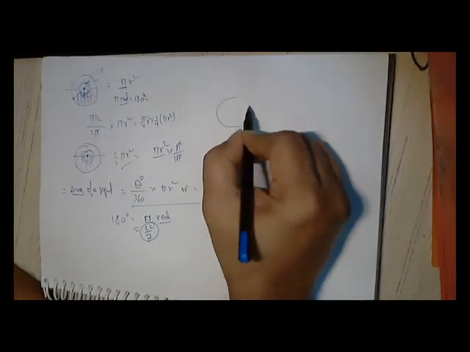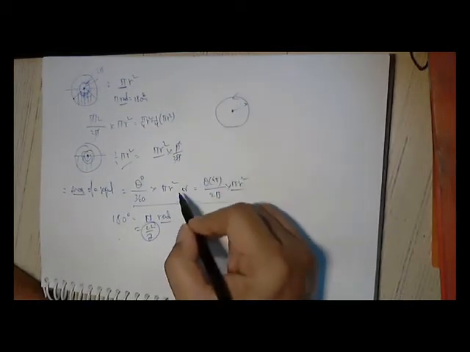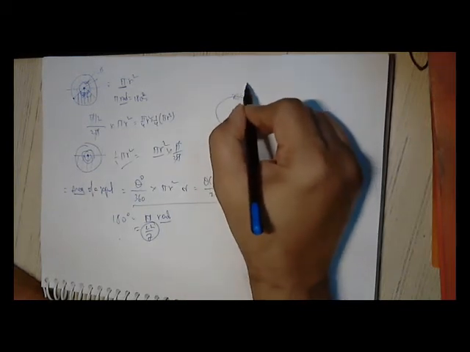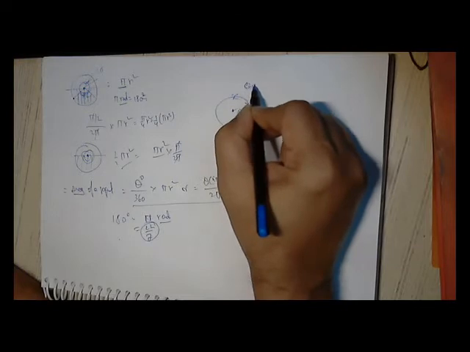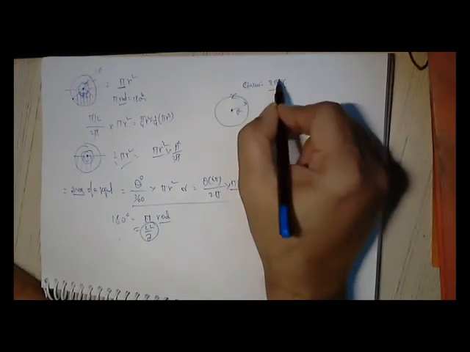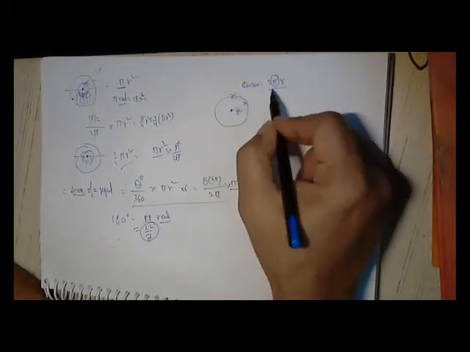It has been observed that there is a relation between radius and circumference. The radius is r, and it has been observed that the circumference is 2 pi r. This is a fixed constant. So as r varies, the circumference varies.